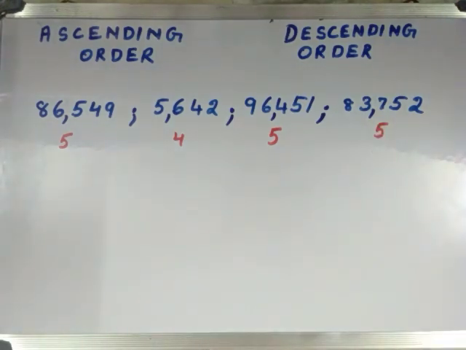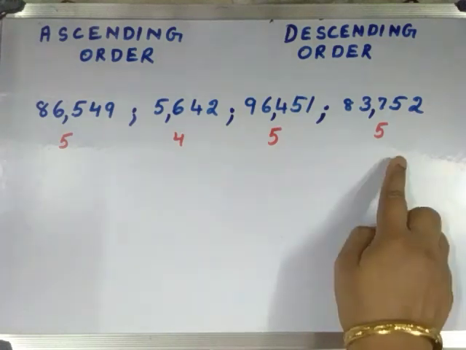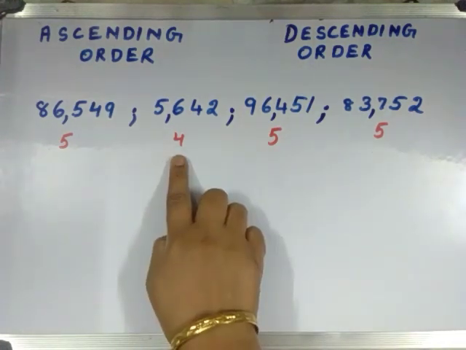Now the second step is, since it is an ascending order, we have to find out which number has the fewest digits. Here this number has 5, this has 5, this has 5, and this number has 4 digits.